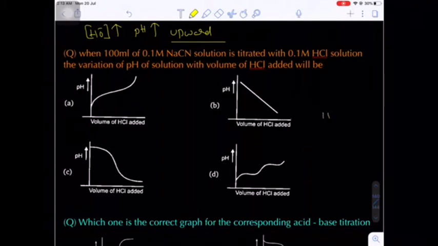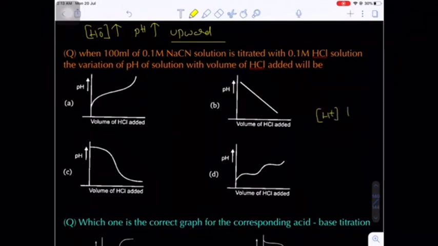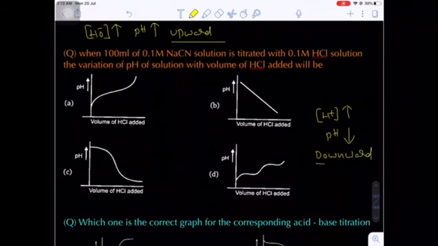Now come to the next question. 100 ml of a 0.1 M NaCN solution is titrated with 0.1 M HCl. Now HCl is added. When HCl is added, what happens? The H plus ion concentration in the solution increases. Yes, when the H plus ion concentration increases, the pH must be what? Decreases. So we need a downward graph. Where is the downward graph present?